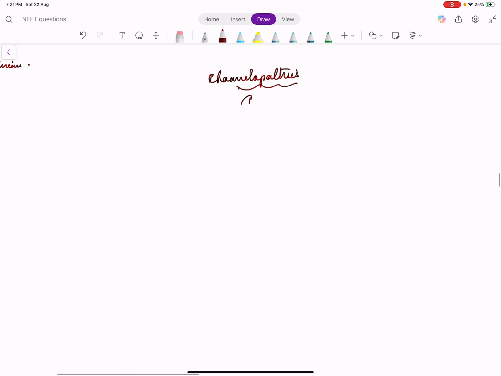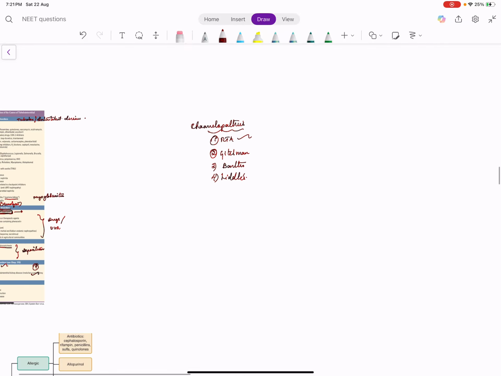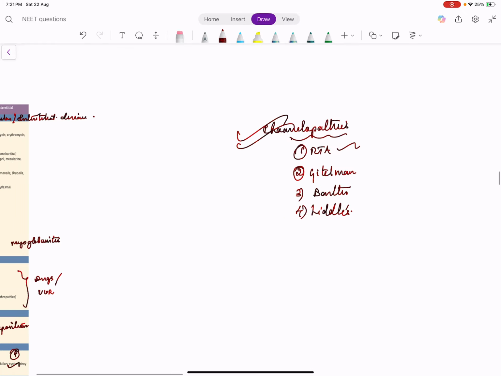Examples for channelopathies are renal tubular acidosis, right? There is acidosis and electrolyte imbalance without affecting the renal function. Then we discussed Gitelman, Bartter, and Liddle syndrome. Right? So channelopathies. Tubular diseases can be pure channelopathies.